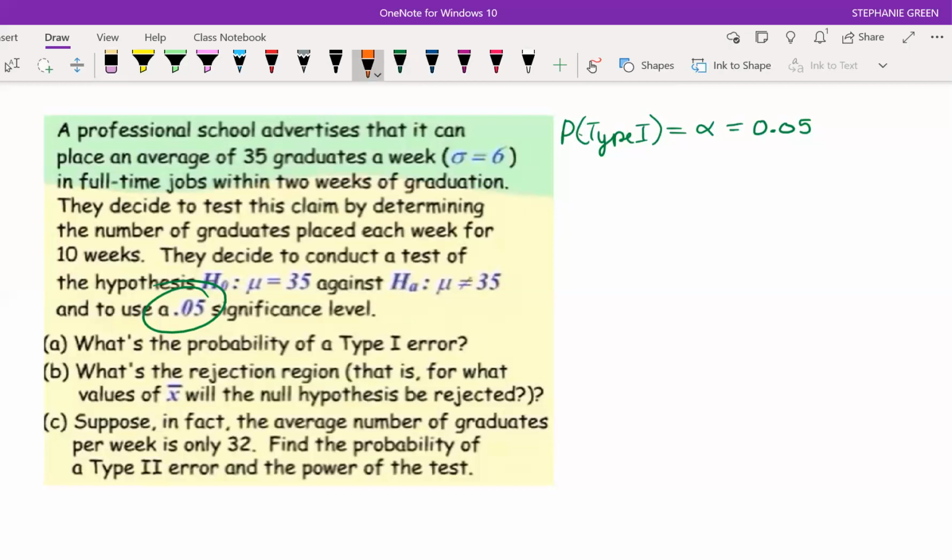So let's see, part B. Since alpha is 0.05, the rejection region is the region outside of our 95% confidence interval.